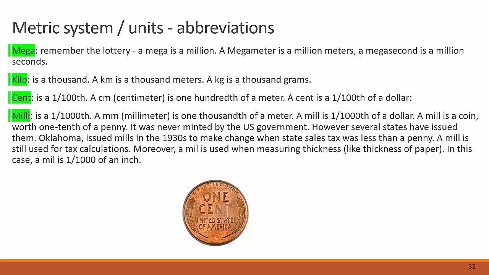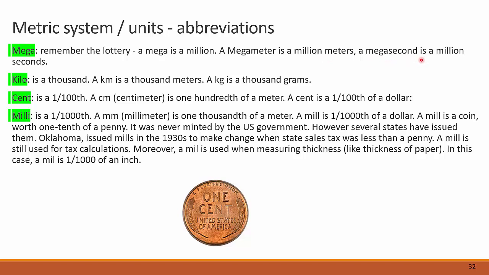When using the metric system, we have a few abbreviations that we use. Let's start with the mega. Mega, remember the Mega Millions lottery. A mega is a million. That's what it means. So a megameter would be a million meters. A megasecond is a million seconds.